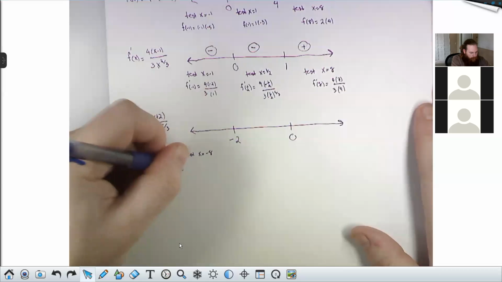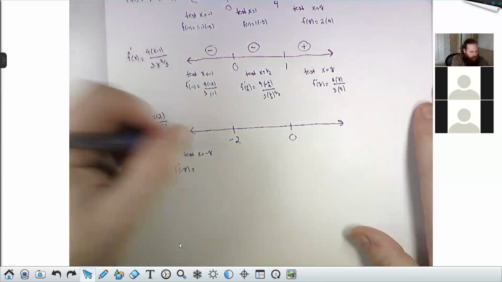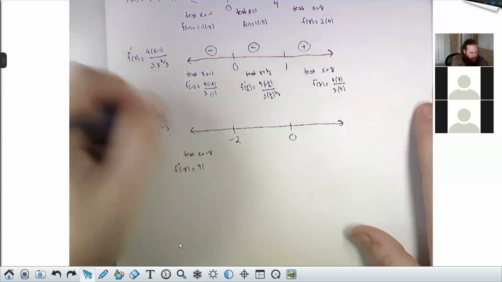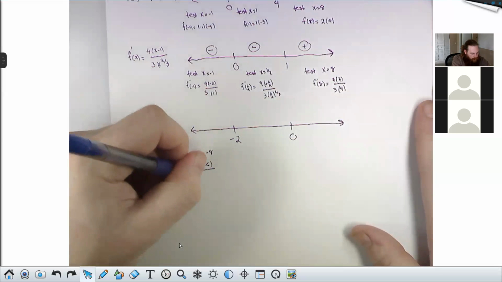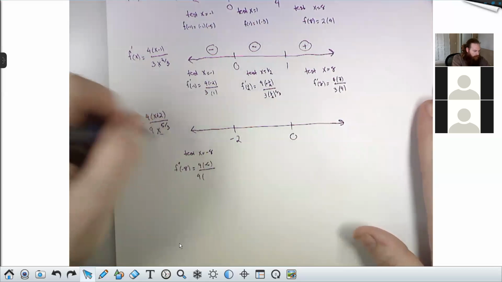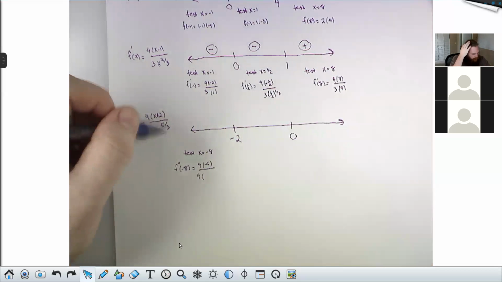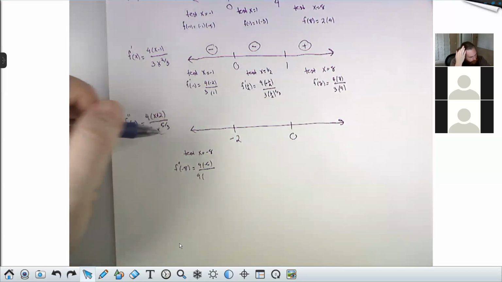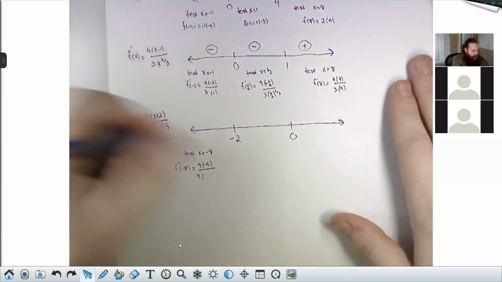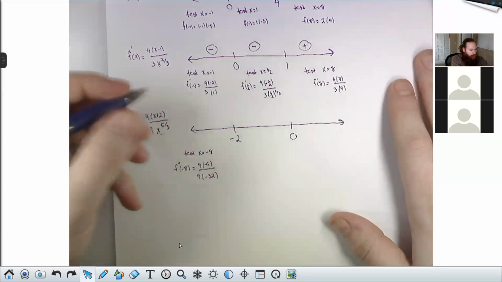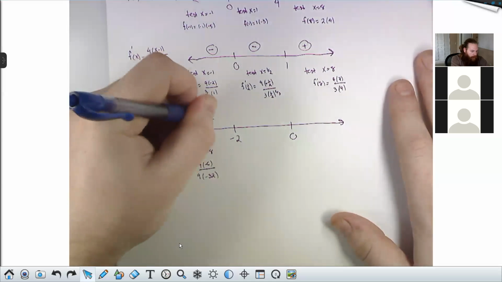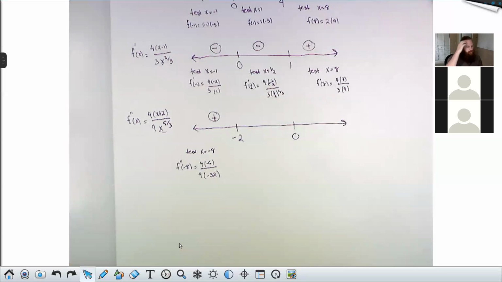F double primed of negative 8 is 4 times negative 8 plus 2, which is negative 6, over 9 times, if I take negative 8 and take the cube root, that's negative 2. Negative 2 to the 5th power is negative 32. Top and bottom are both negative, so F double prime is positive over there.